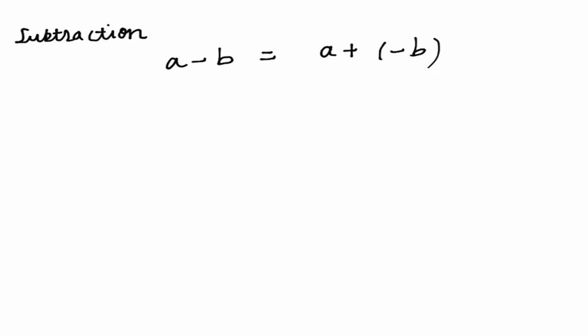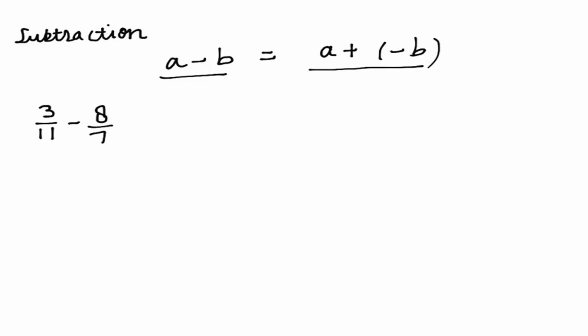Now in subtraction, when we have to subtract these numbers, it means we are adding the additive inverse. Like if we are subtracting two numbers, a minus b, we can write it as adding the additive inverse of b. Both are the same but can be written in these two forms. Like I have to subtract minus 8 by 7 from 3 by 11.